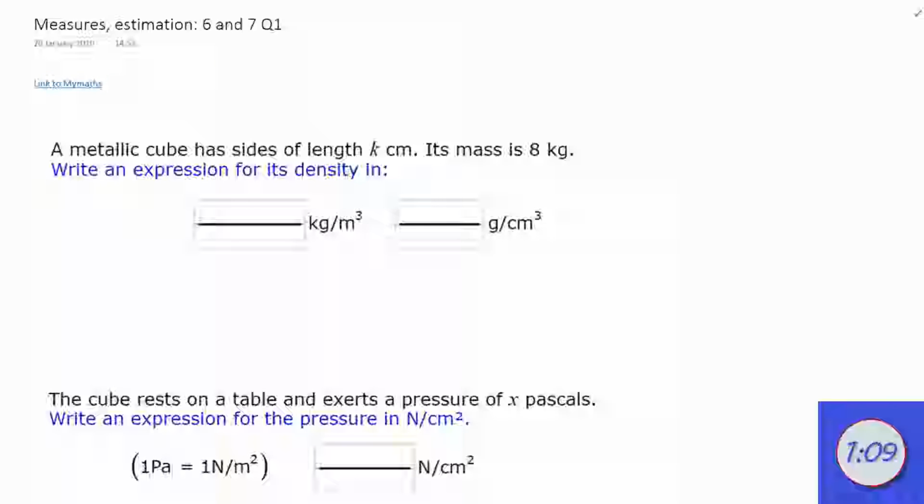A tip: if you've got 8 over k cubed, you have made a mistake.